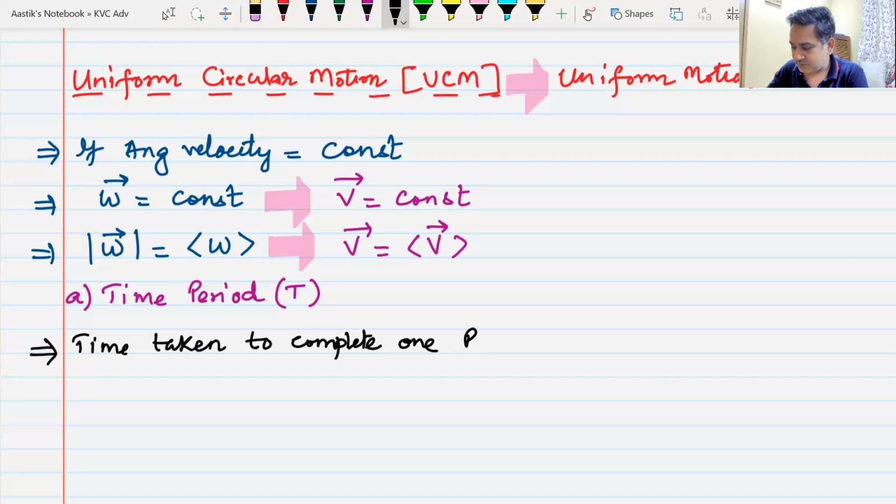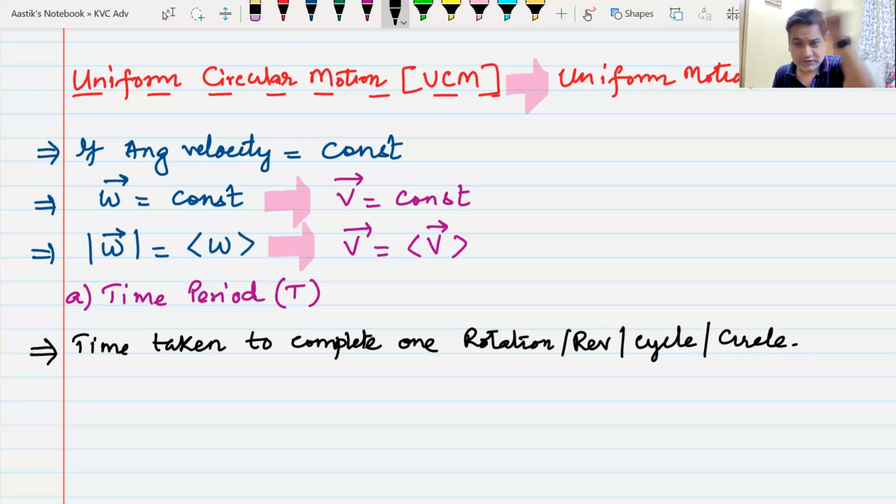It could be rotation, it could be revolution, it could be one cycle, one circle, one oscillation, whatever you call it. That is your time period.